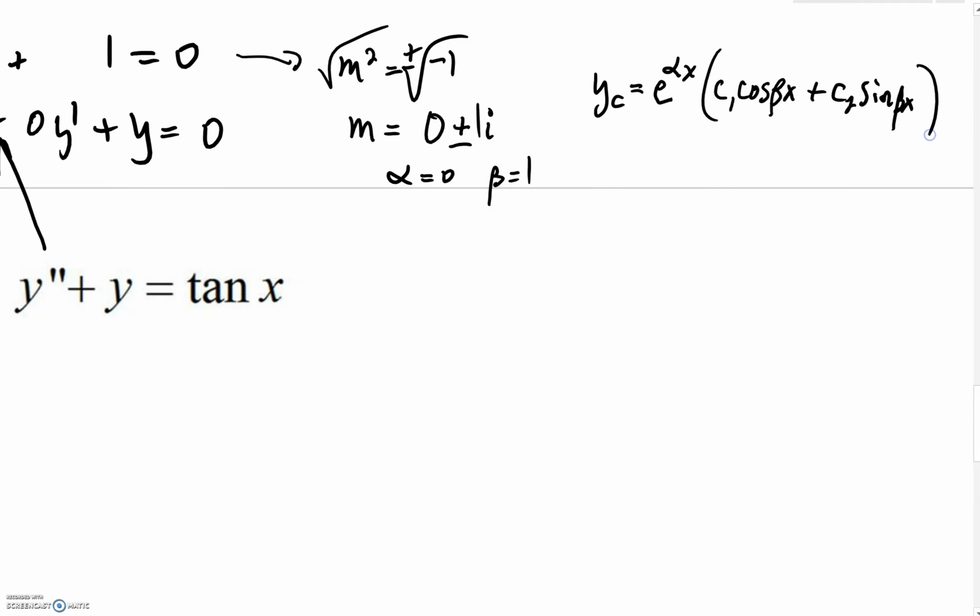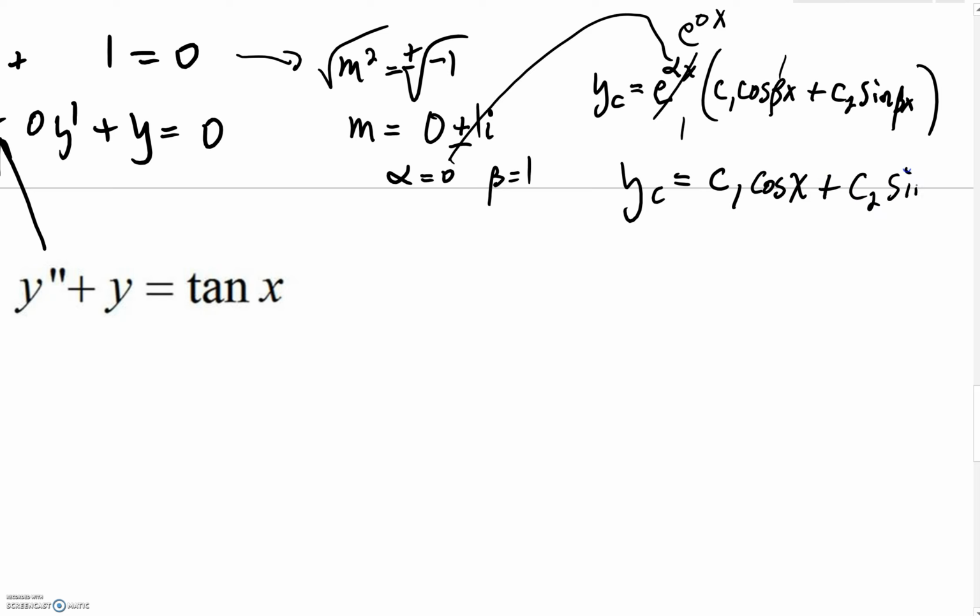And right now, of course, with alpha equaling 0, well, e to the 0x just goes to a 1. And beta is a 1, so you'll be able to get this answer for the homogeneous solution very, very fast. That's what we're so used to doing, and that's important, of course.